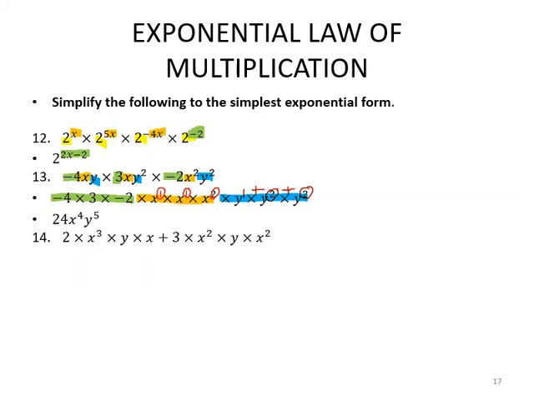All right, let's go to 14. In 14 we are multiplying, right? But now, in between the multiplication, there's a plus. We're not multiplying the positive 3, no. There's a plus in between, meaning that we are adding. So what am I going to do?